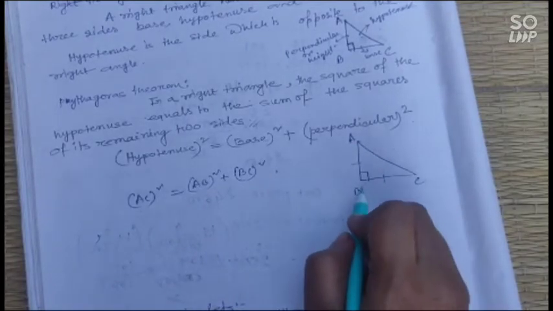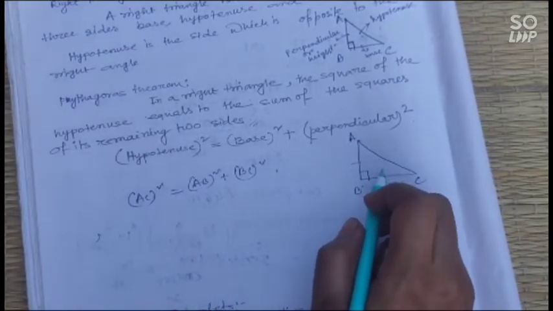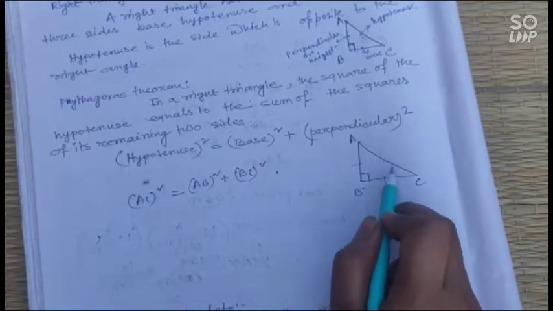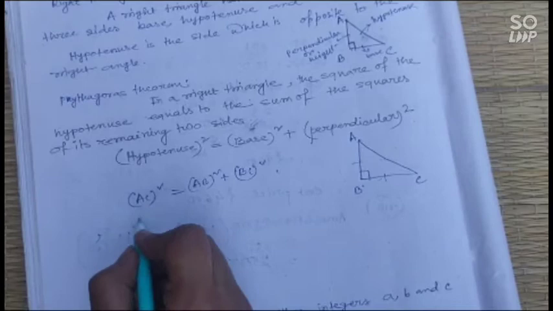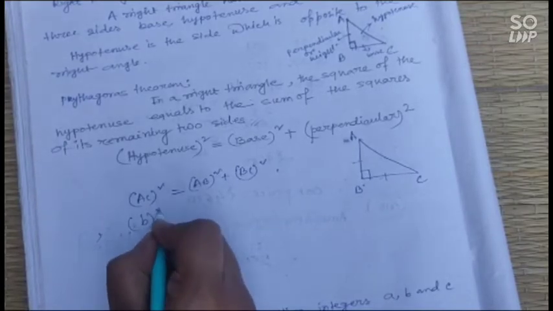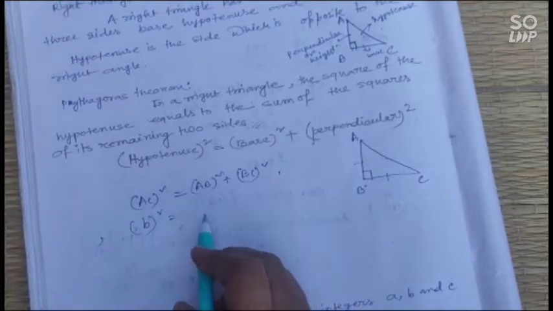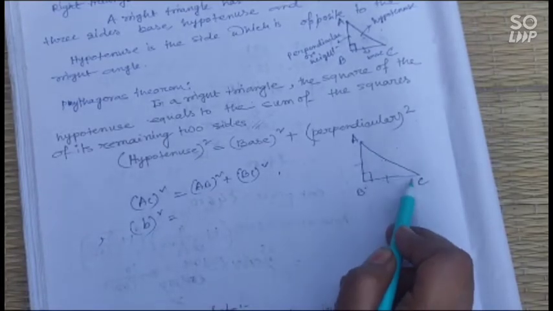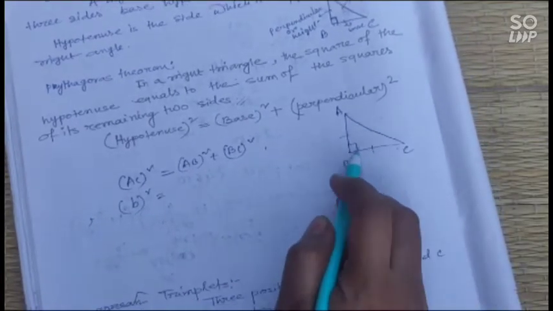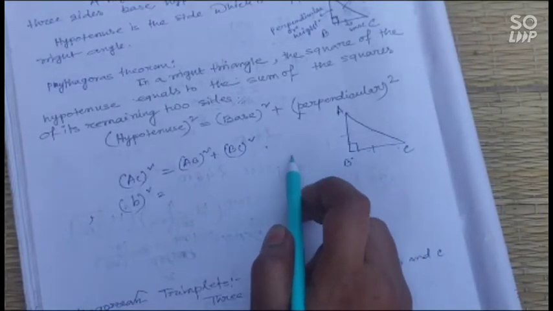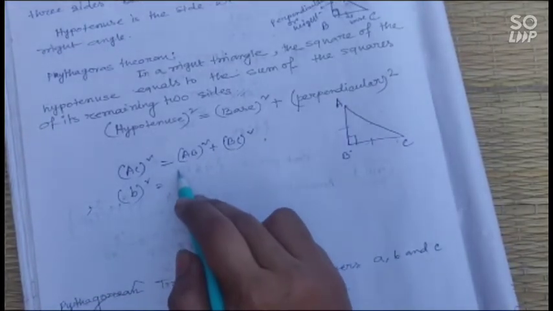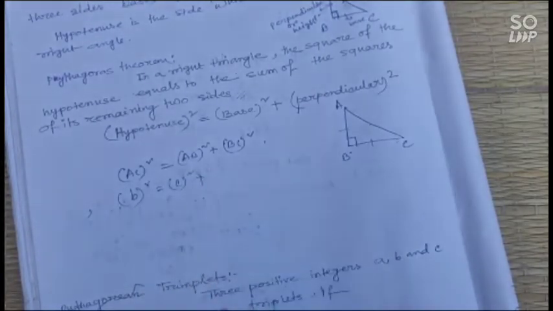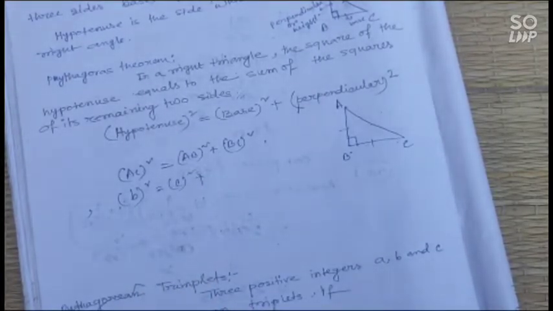How can you denote the side AC? AC is the opposite side to the angle B, to the vertex B. So we can denote AC as small b. So b square equal to, and how can I denote the side AB? AB is opposite to the vertex C, so we can denote AB by c. BC, how can I denote BC?